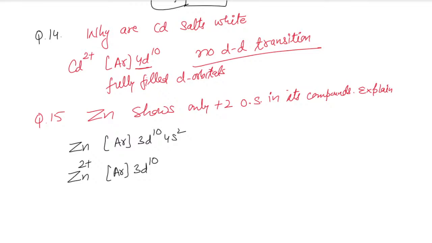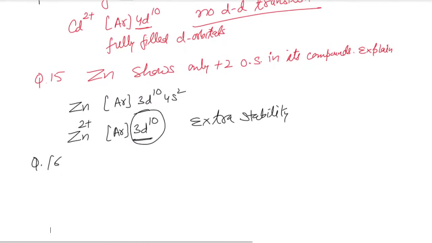It has fully filled, more symmetrical electronic configuration, therefore it has extra stability. So it has no tendency to lose any more electrons, and that's why it shows only +2 oxidation state in its compounds. Very good. It is difficult to remove electrons from d orbitals because it is stable.